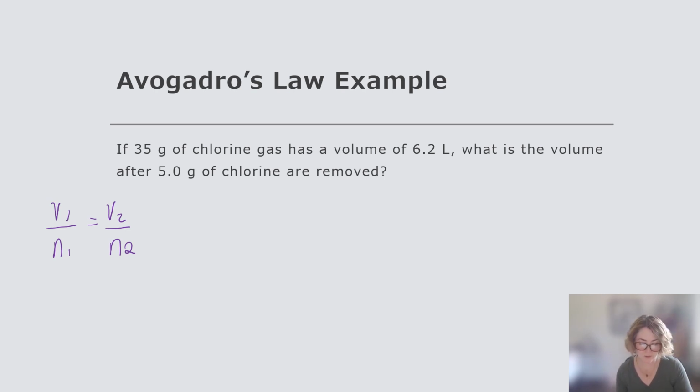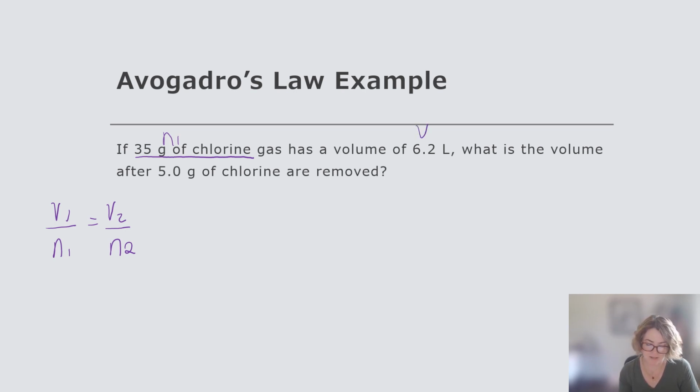I've been given that I have 35 grams of chlorine gas. We've worked with moles a lot this semester, so I know that if I have a mass, I can find the moles using molar mass. So this information is going to give me my initial moles.